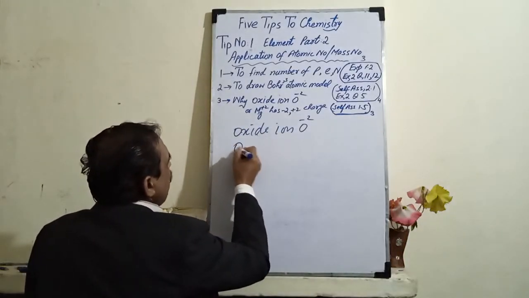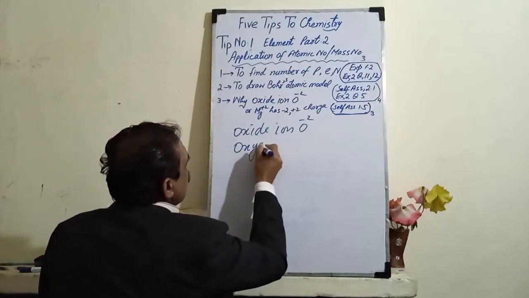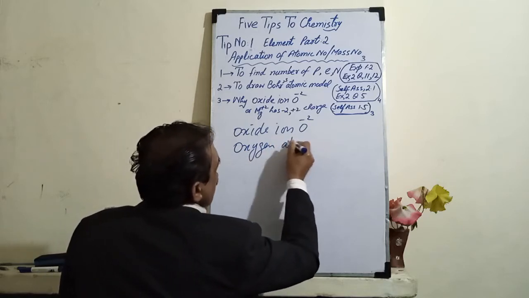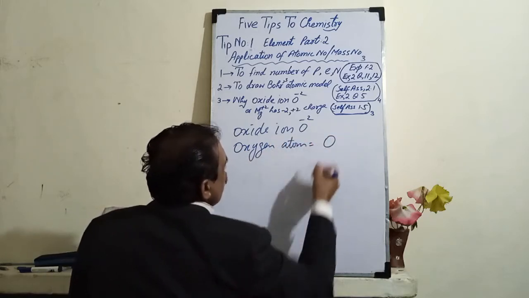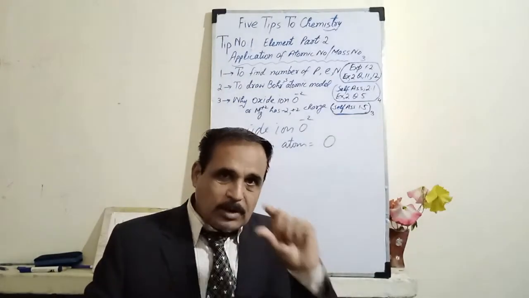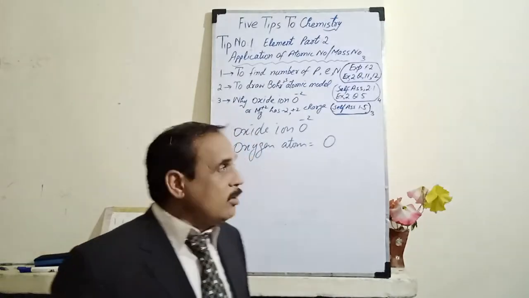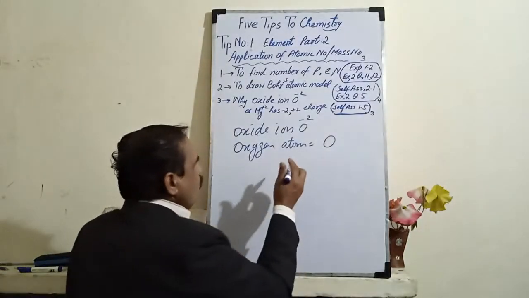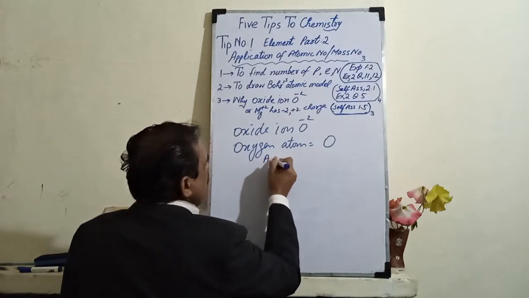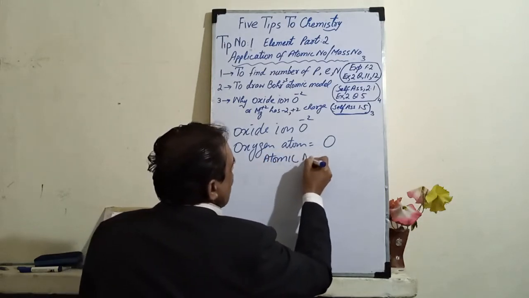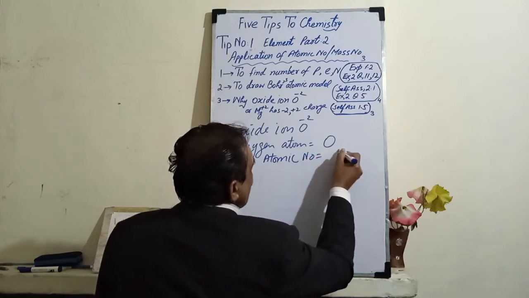Now, first of all, we write oxygen atom, that is O. I have told you, with the help of atomic number, you can tell it. How is it possible? As you know, first of all, we write its atomic number. Atomic number of oxygen is 8.